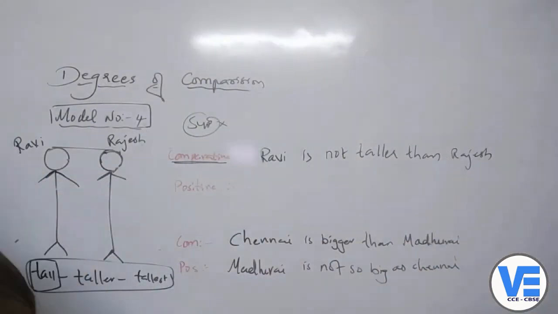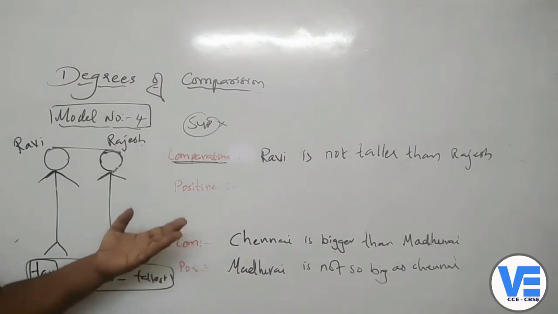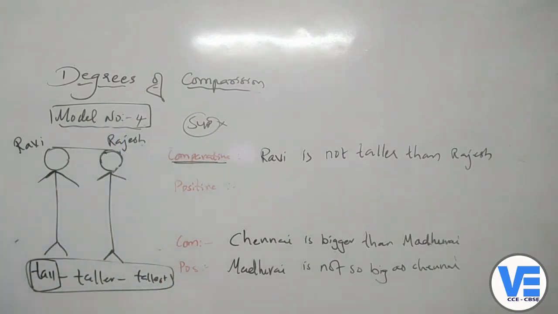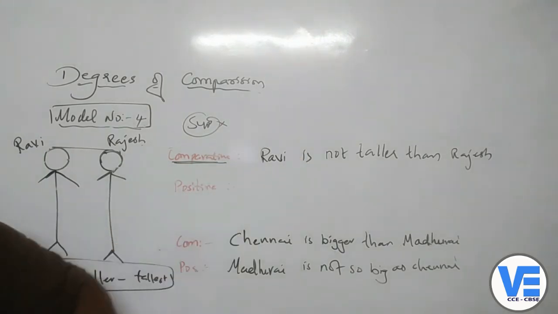Can you write like this? Ravi is not taller than Rajesh because he's not tall, right? They are the same height, and we are not even mentioning that he's short here. We are just saying that Ravi is not taller than Rajesh.